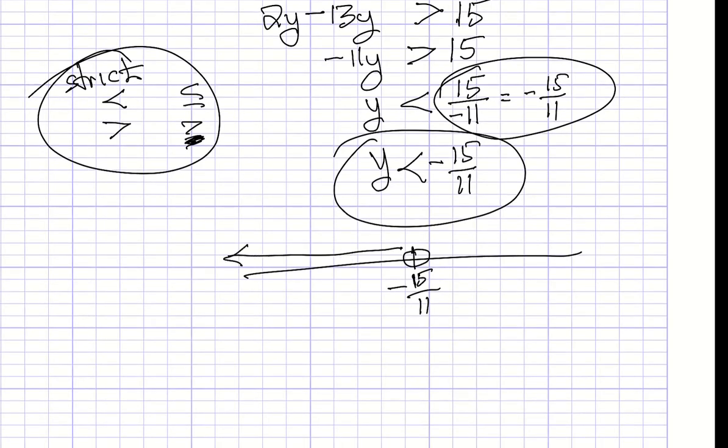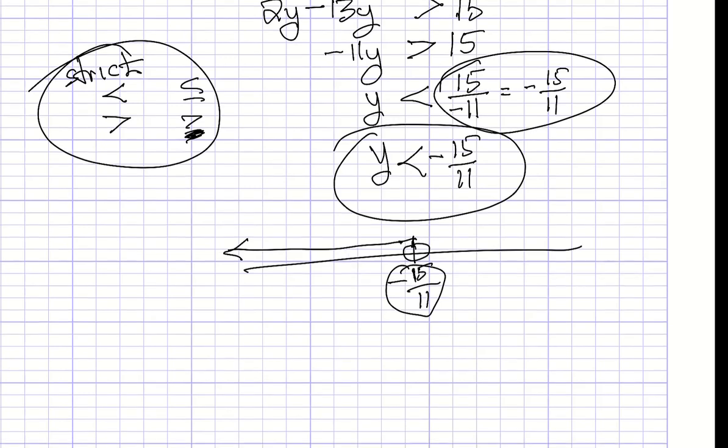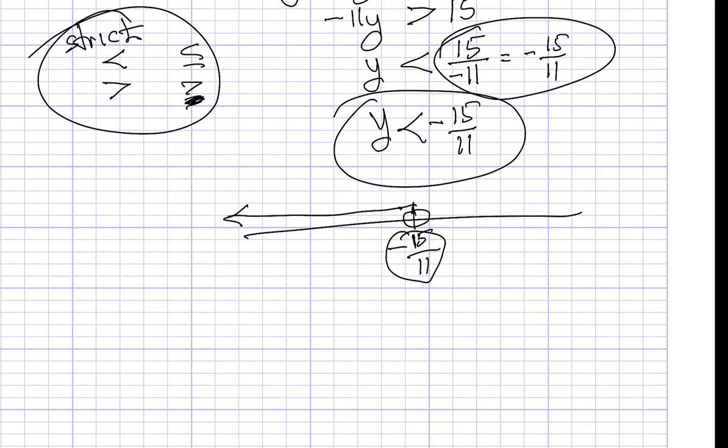Strict means less than. So it goes from there, and the point negative 15 over 11 is not included, going to negative infinity. I hope you can see that. I think I did it right. You see it, right? So I'm done with this.